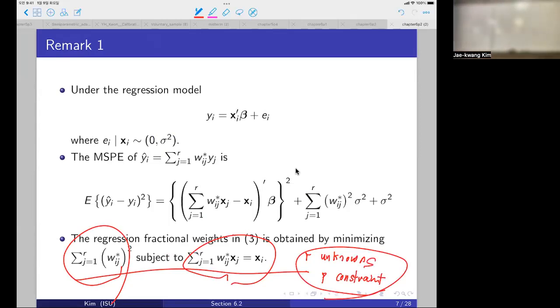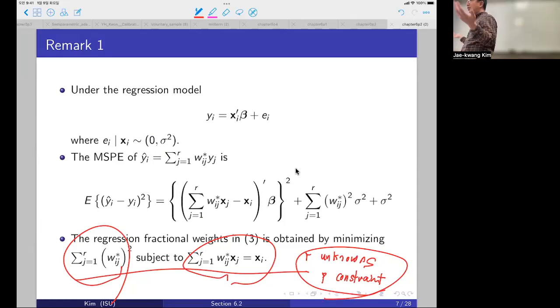So the number of equations here is p-dimensional. But we have R Ws, and we already started assuming that R is greater than P. So that means we have infinitely many solutions.